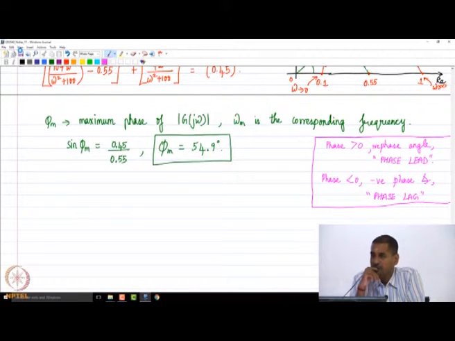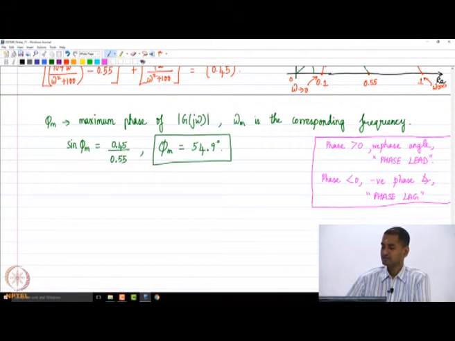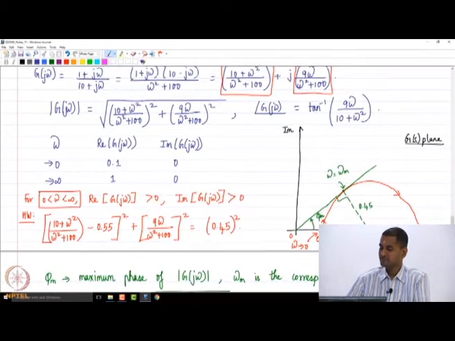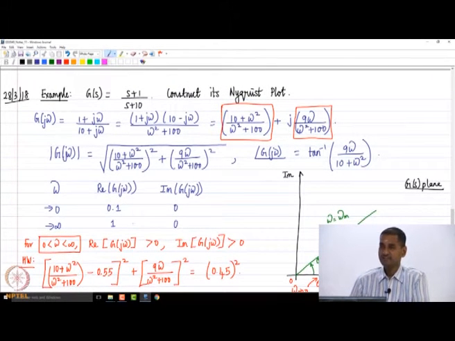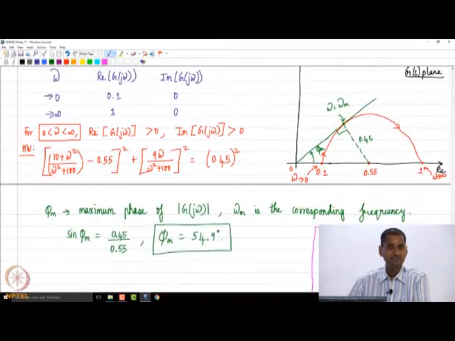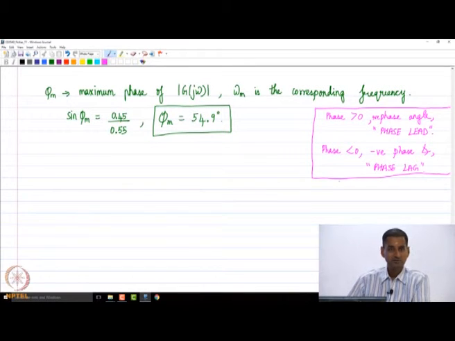Now, how do you find omega m? Of course, there is the equation for the phase angle, and you plug it in and calculate omega m. You know tan phi m is going to be 9 omega m divided by 10 plus omega m square.